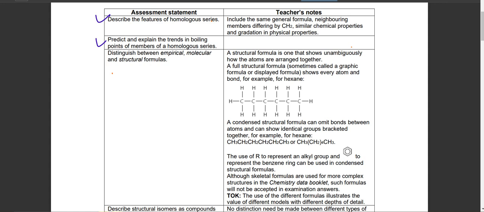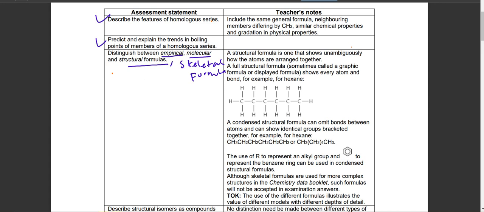In this objective, you only need to understand empirical, molecular, and structural. But there is also another, the skeletal formula, which is a different way to show or write down an organic compound.